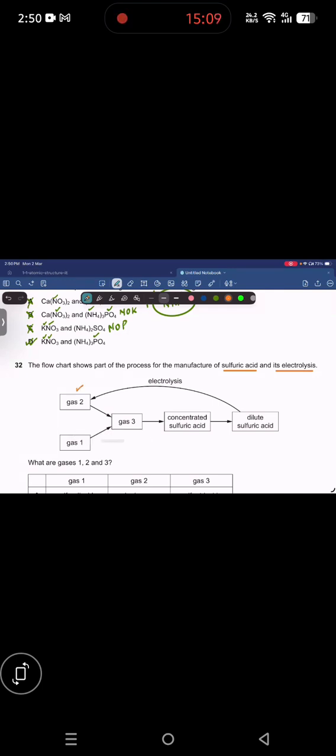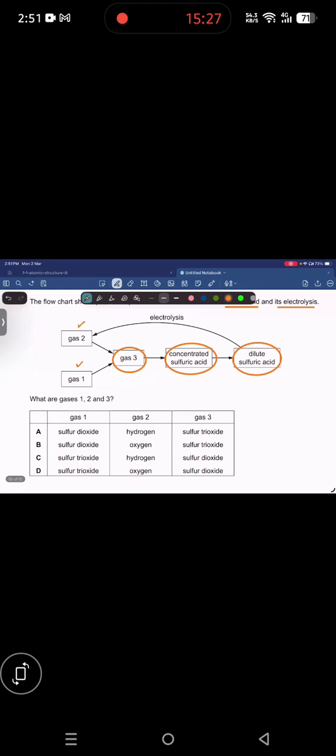Then gas 3 is produced here. Then concentrated sulfuric acid, and then dilute sulfuric acid. Now, gas number 1 will be sulfur dioxide, or sulfur trioxide.